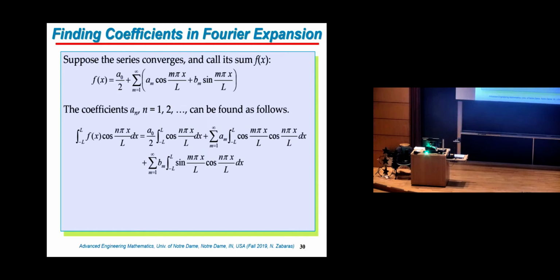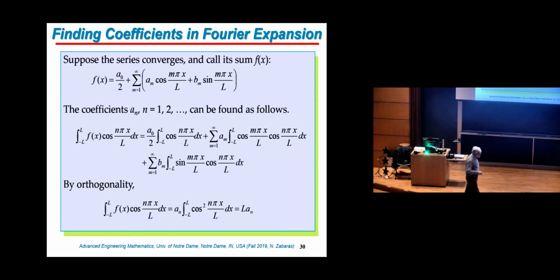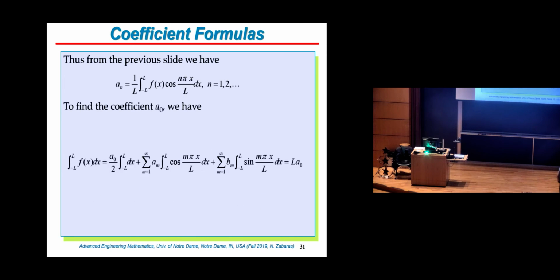What is the integral of cosine from minus L to L? Remember, the cosine starts from value 1, positive, then becomes negative, and then again positive. When you integrate the cosine, what do you get? 0. So effectively, the coefficient an is this integral divided by L. If you multiply with the cosine n pi x over L, integrate, and divide by L, that's the coefficient an.